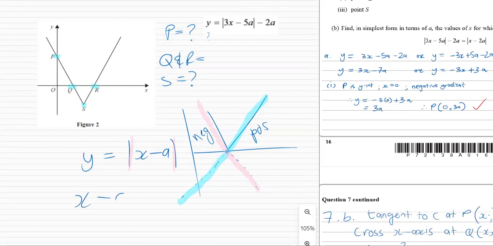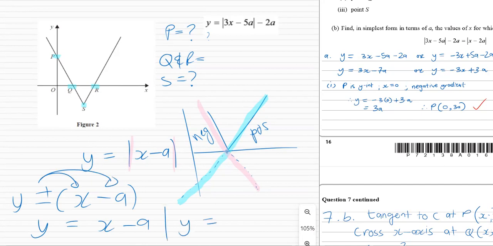So you would have x minus a, plus or minus. One side of it would be y equals x minus a, taking the plus, and the other side would be y equals minus x plus a.